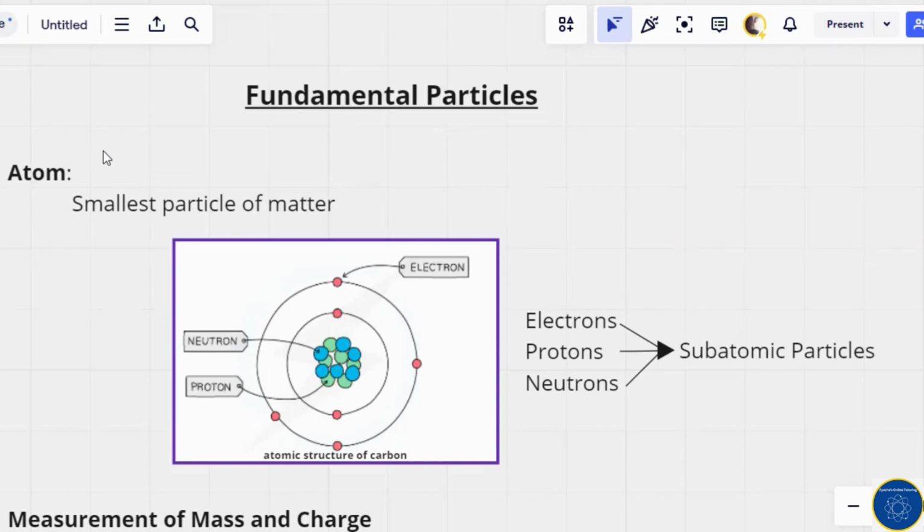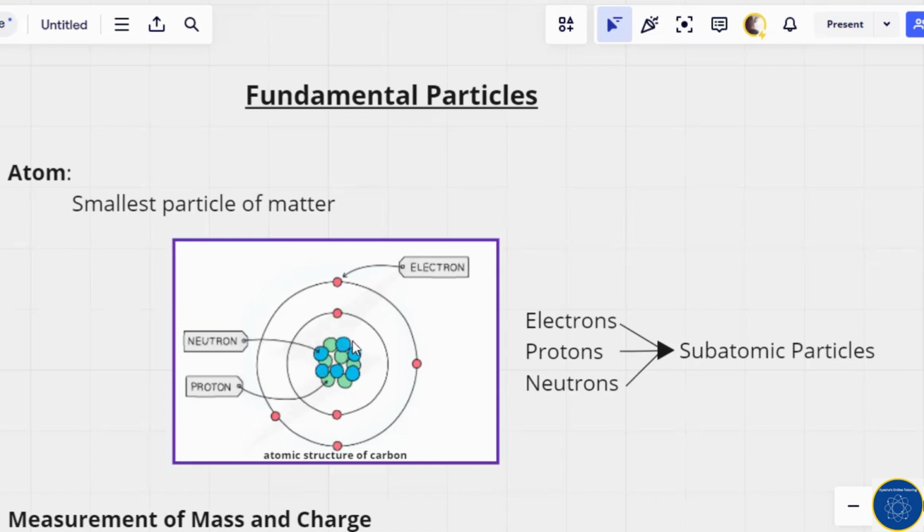Atoms are mostly made up of empty space around a very dense nucleus that contains protons and neutrons. So, this is the nucleus, as you can see in this picture. It consists of neutrons and protons.